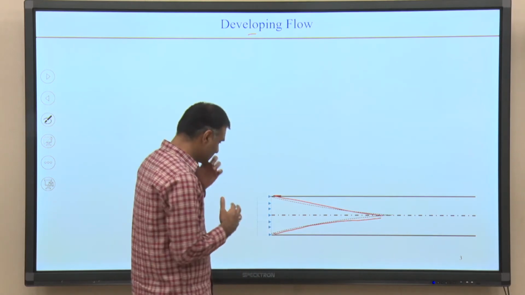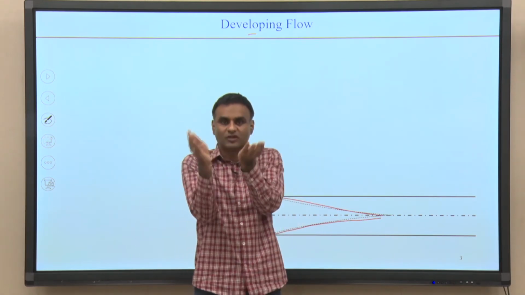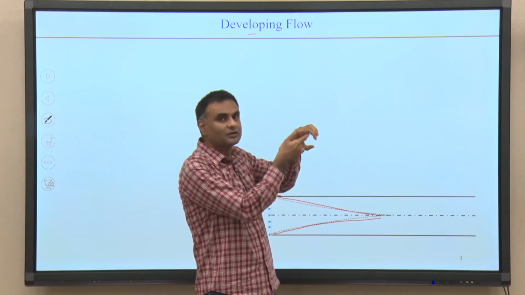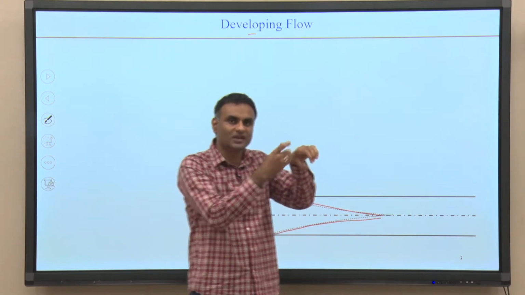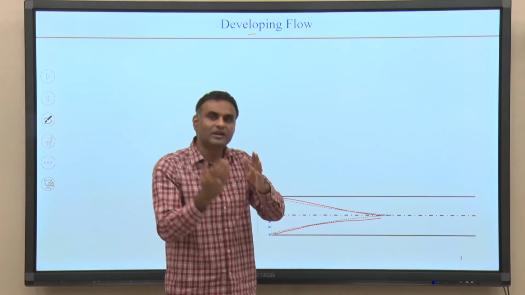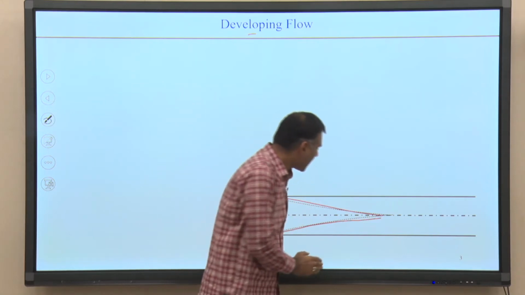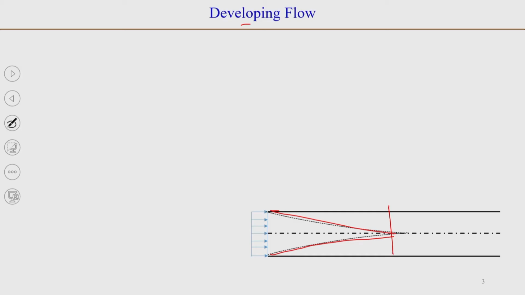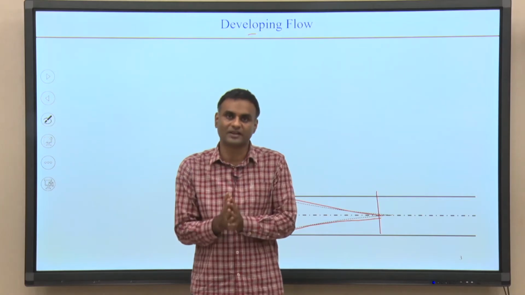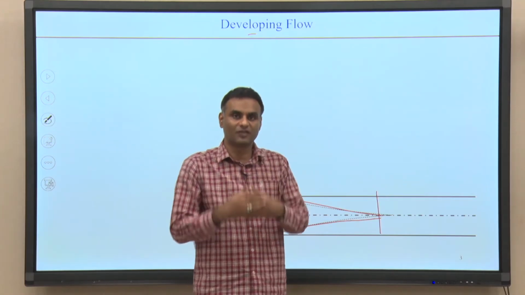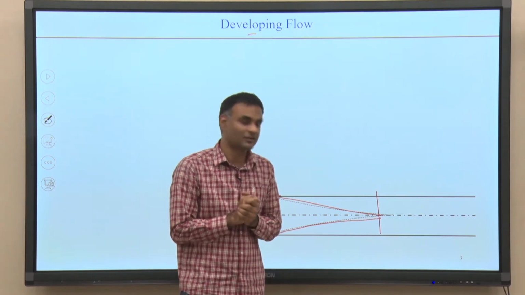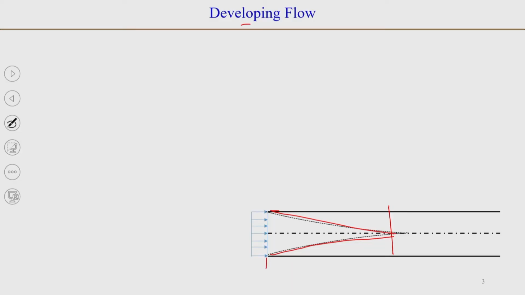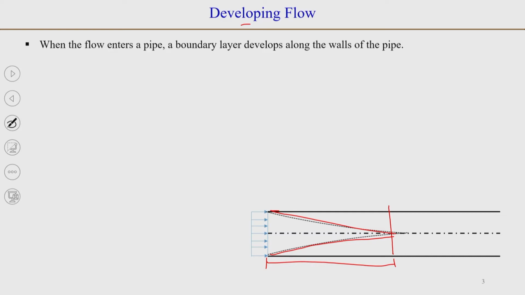For a circular pipe, the boundary layer will grow at each point on the entrance, and eventually they will merge. The point where the boundary layer cannot grow further is where you will have fully developed flow, and the velocity profile will be parabolic for laminar fully developed flow. But the length required before that is called the developing length or entrance length.